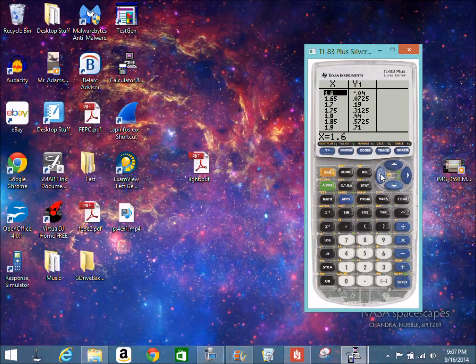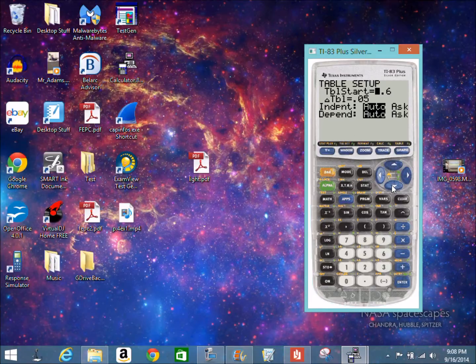So notice that from 1.6 to the x value of 1.65, it goes from a negative y value to a positive y value. Now what that means is that my 0 is between 1.6 and 1.65.